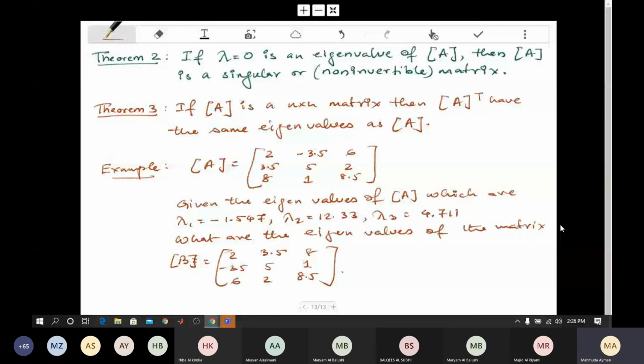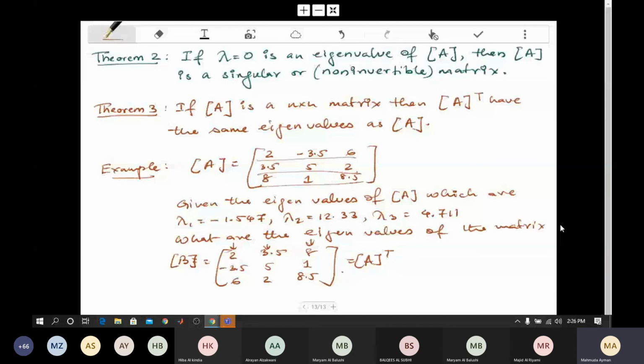Yes, Majid, the same. Correct, Momin and Ryan. So theorem 3 is saying, what you can see here is that B is actually nothing but A transpose, right? Every row here is a column here. So B is nothing but A transpose.